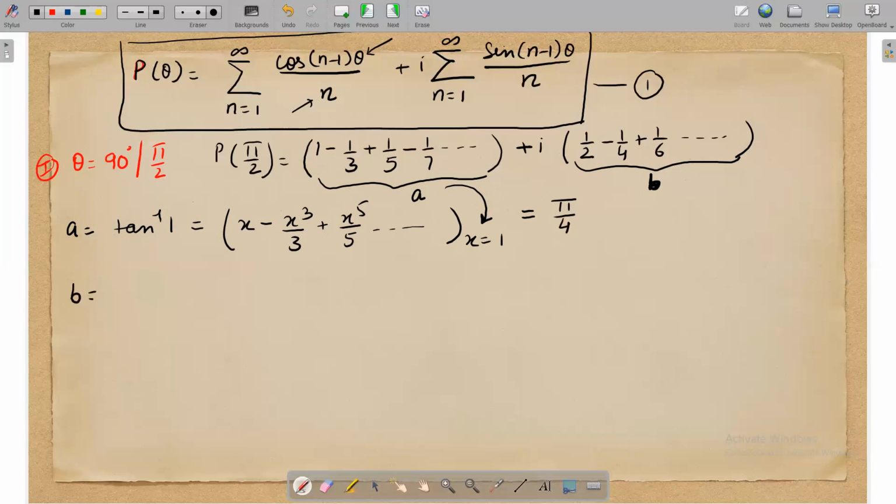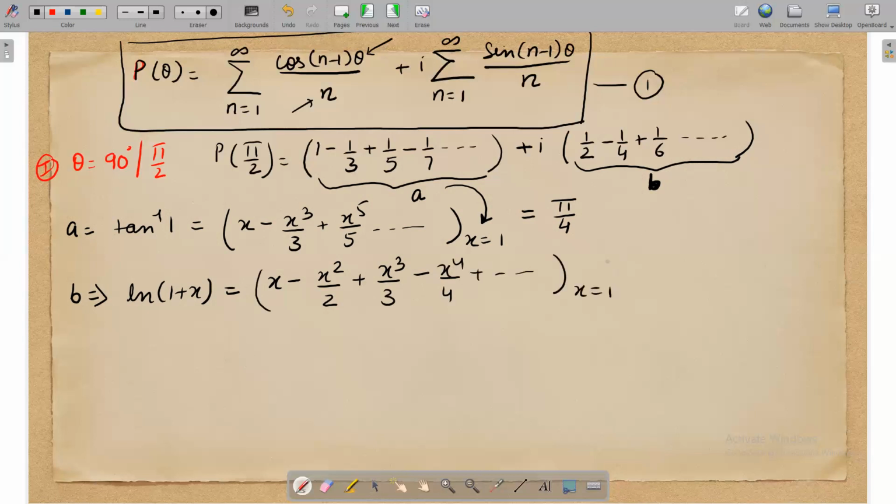Similarly, let us observe B. For B, you consider the ln(1 plus x) expansion. We know the expansion of ln(1 plus x). I'm writing it here. After writing this expansion, you can see that if I keep x equals 1, then I will get ln 2.